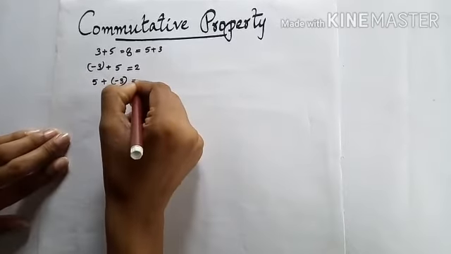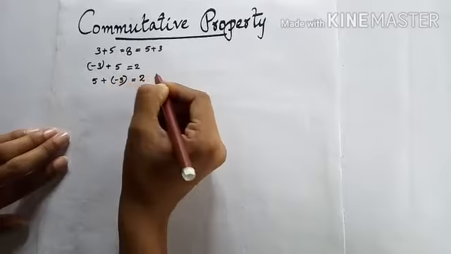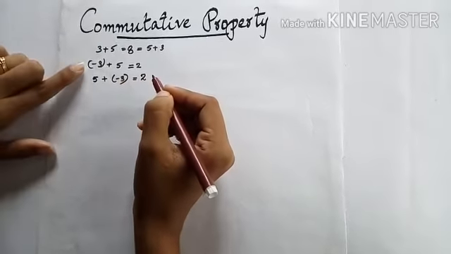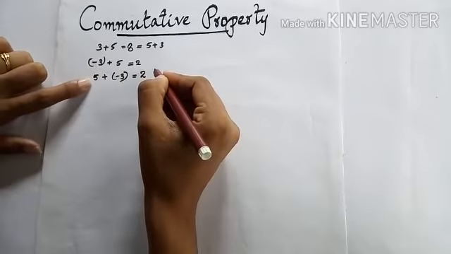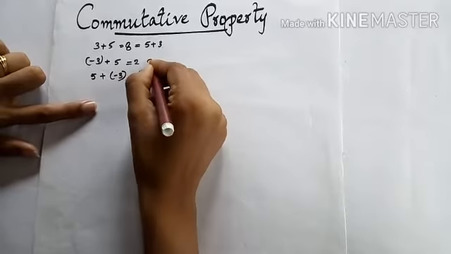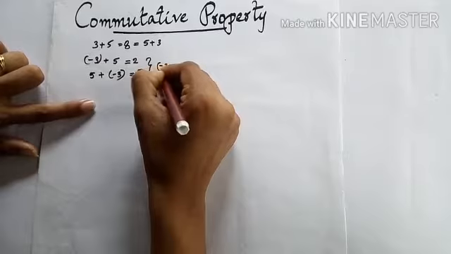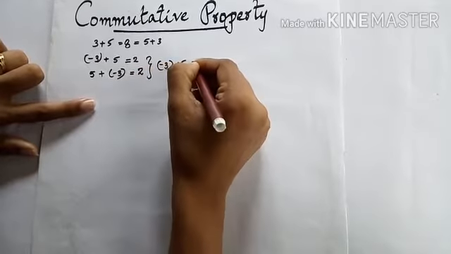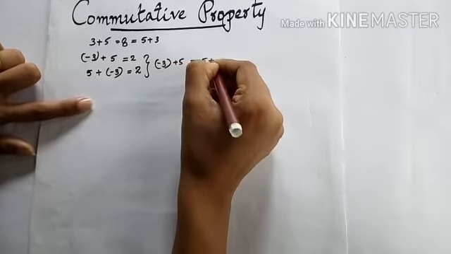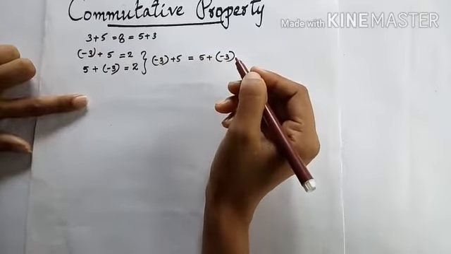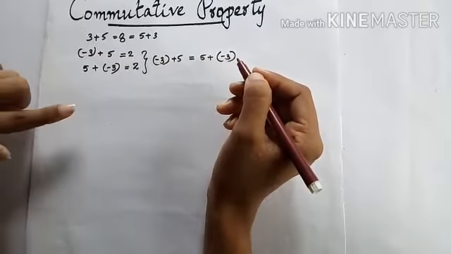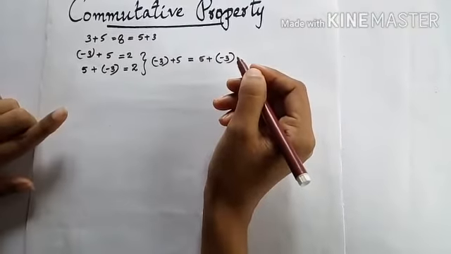We'll get 2 itself. So we can say that -3 plus 5 is equal to 5 plus -3. So we can say that addition is commutative for integers also.